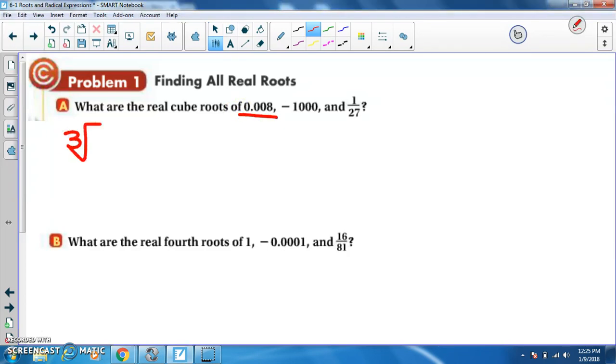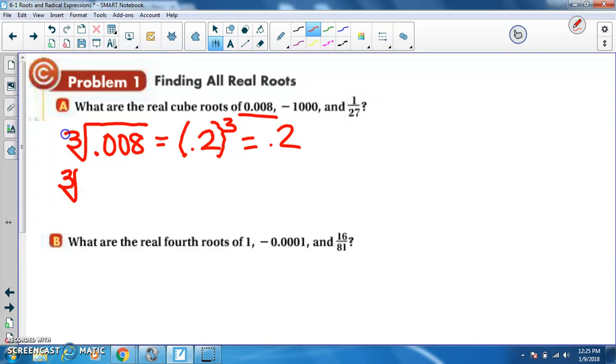So the cube root of 0.008: 0.008 is equal to 0.2 cubed, so the cube root of that is equal to 0.2.